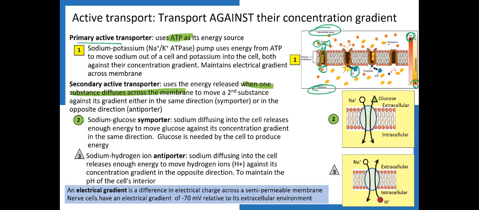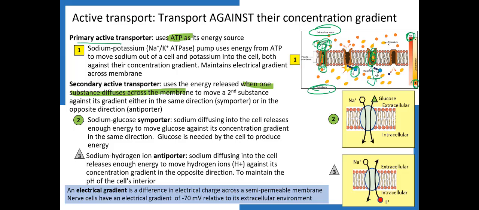ATP loses one of its phosphate groups to become adenosine diphosphate, with only two phosphate groups. When ATP is converted into ADP, it pushes 3 sodium ions out of the cell and pulls 2 potassium ions into the cell.